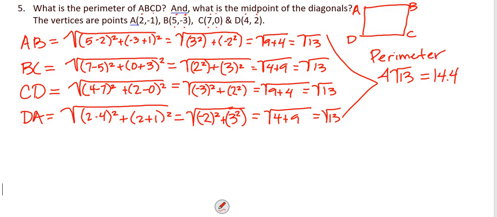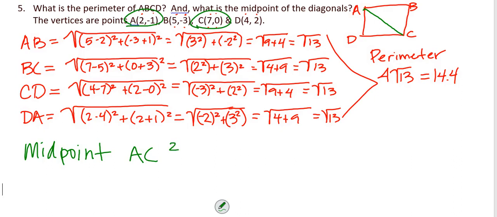Now, the next part of this question asks me what is the midpoint of the diagonals. Well, I have to know what the diagonals are. So I'm just going to draw a line from A to C because that's my diagonal. So I need to find the midpoint of that. So when I'm looking for the midpoint, if you recall, we're going to use the equation x1 plus x2 divided by 2. So when we're talking about the midpoint of AC, we're talking about this point and this point.